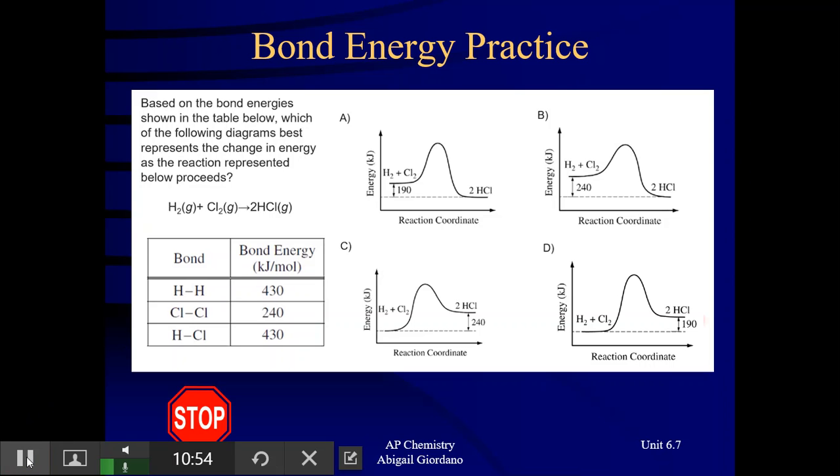So we've got our balanced chemical equation, and it says, based on the bond energies shown in the table below, which of the following diagrams best represents the energy change as the reaction represented below proceeds? So this was meant to be done without a calculator, which I think you can do. It's a little bit of number crunching, okay?